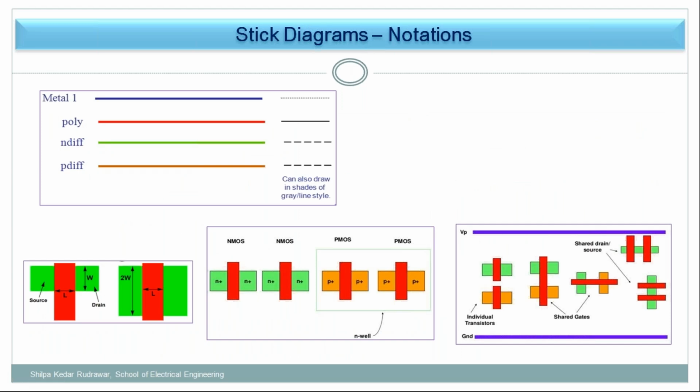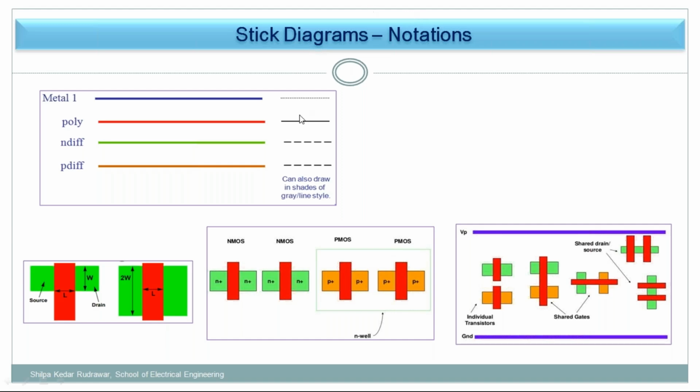Okay. So what is the notation? I told you, if you are drawing on paper and you don't have color pens, what to do? Here metal 1 is shown by a blue line. Polysilicon is shown by red. Polysilicon is always used for the gate. Previously aluminum was used, but now we are using polysilicon material for the gate.